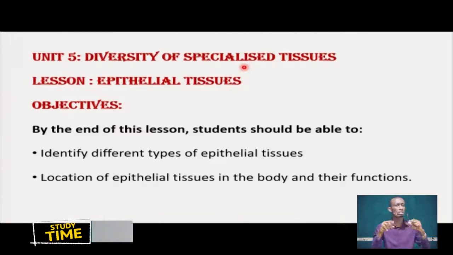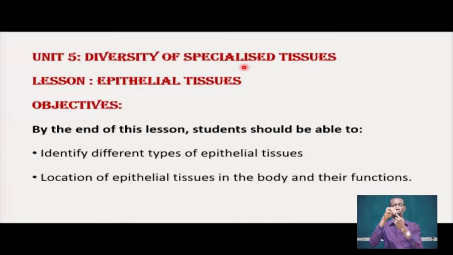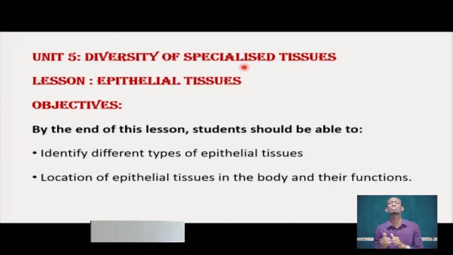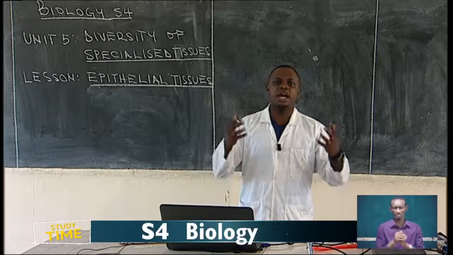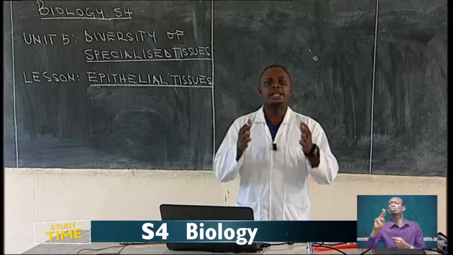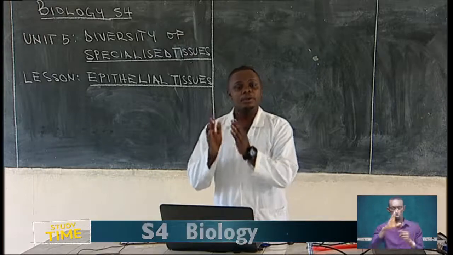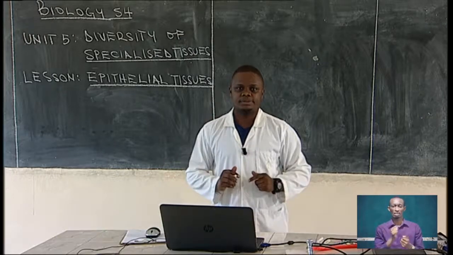When we talk about specialization, that means you concentrate on what you can do best, then you leave other things to other people. Even here, specialized tissues are tissues which have similar traits or characteristics that allow them to perform particular functions.